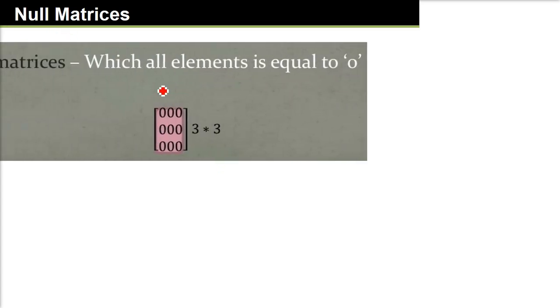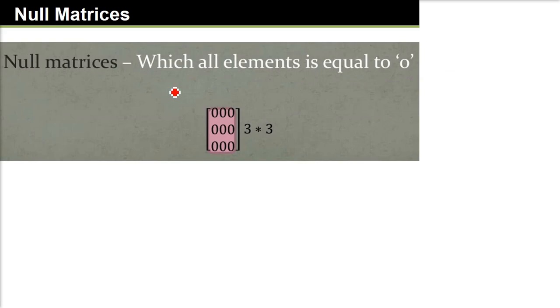Null matrices. What is a null matrix? Any matrix where the elements are simply 0. All the contents, all the values inside the matrix, if they are 0, then this is called a null matrix.